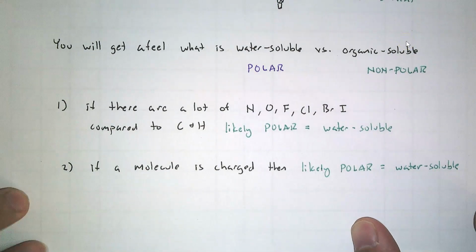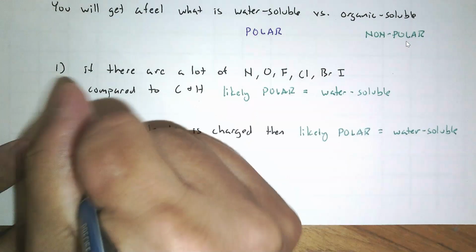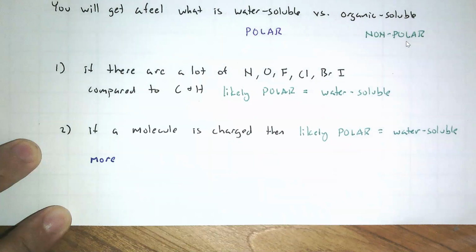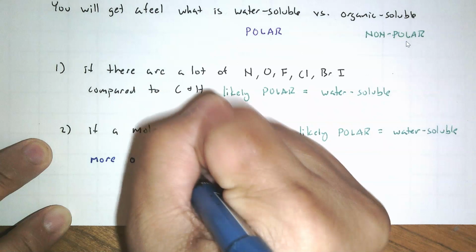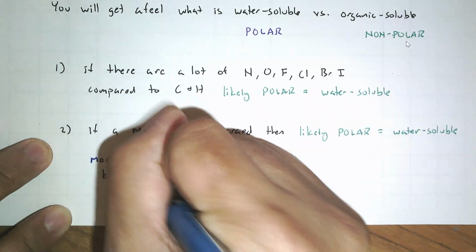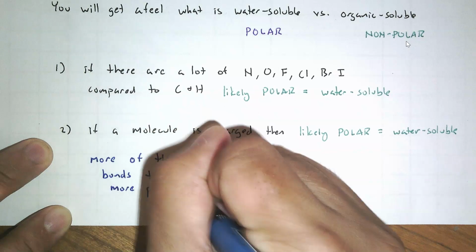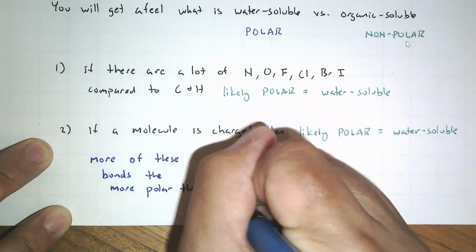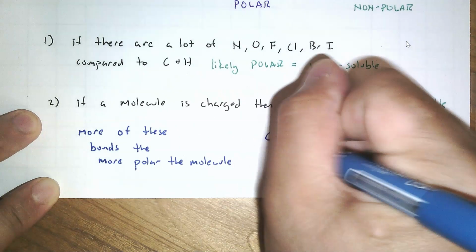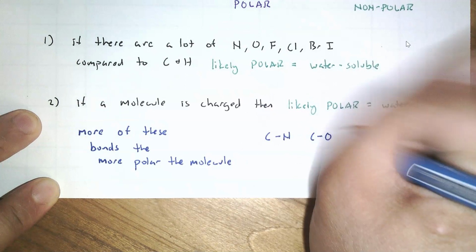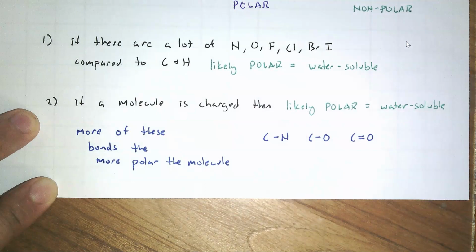Now let me just jot down here some bonds that are polar, because the more bonds of these you have, the more polar your molecule is. Let's do C-N, C-O single bond. A C=O double bond is a very polar bond.